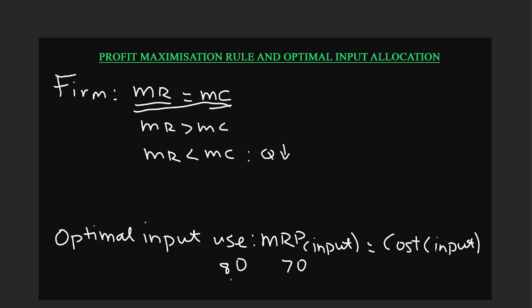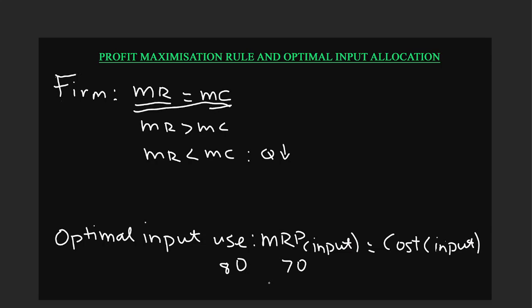If that pay is the only cost you incur in producing the 80 apples, then on net you're still making 10 in profit. So it makes sense to employ this person.